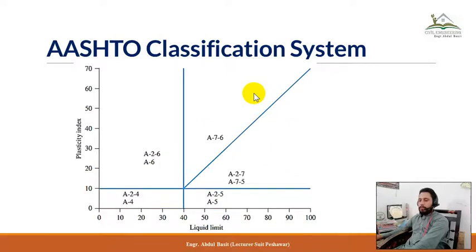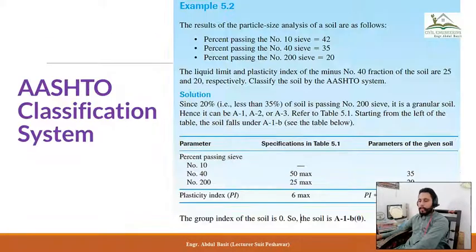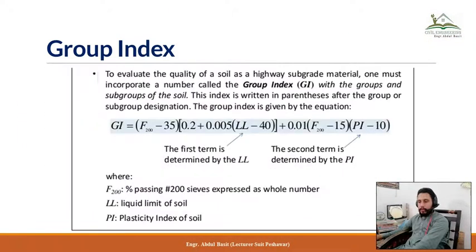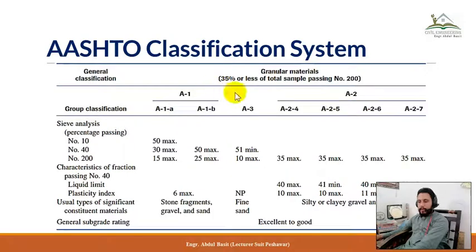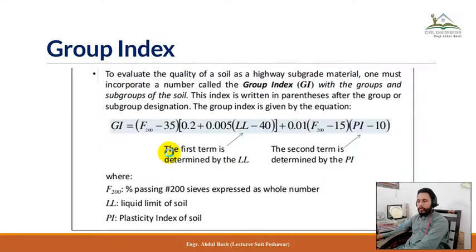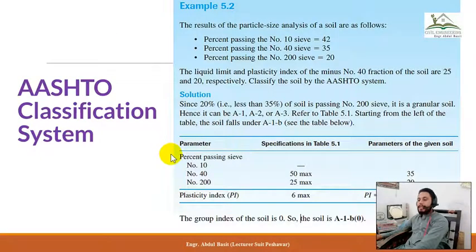Then coming to the next values. Next we have the percentage passing through number 10 sieve is 42, and number 40 sieve is 35. These are the second properties we have to look at in the group. Here it is, this table should be used. Then for 42, 50 maximum is required, so it is okay. Again, I forgot, for number 40 that is 35.